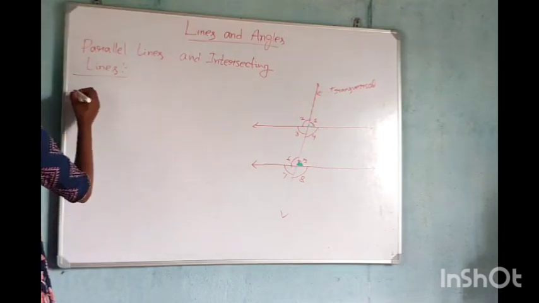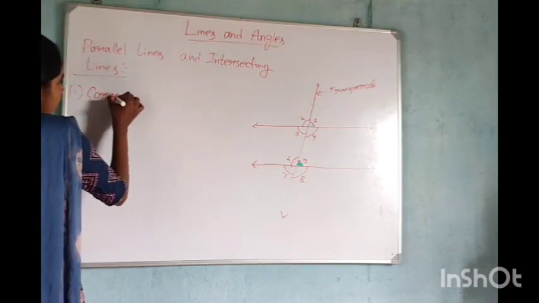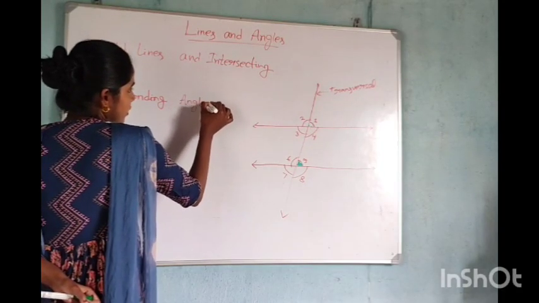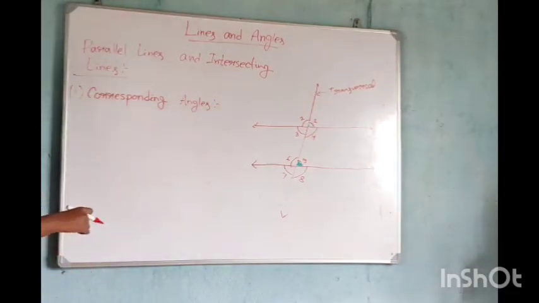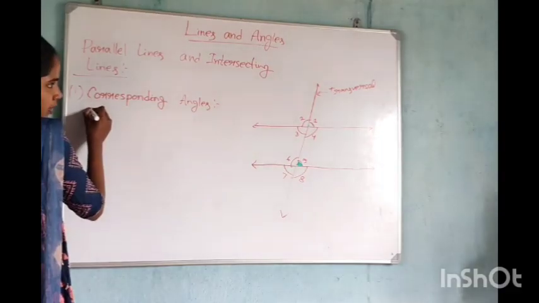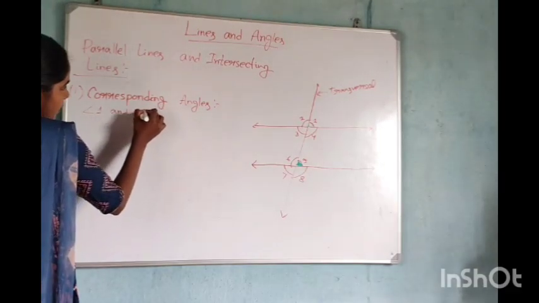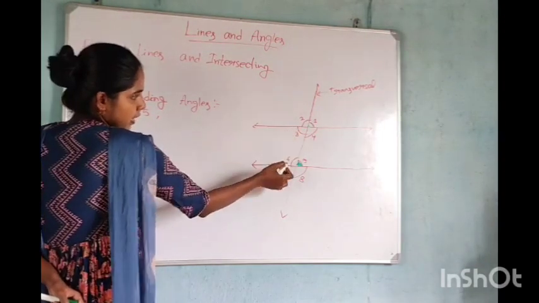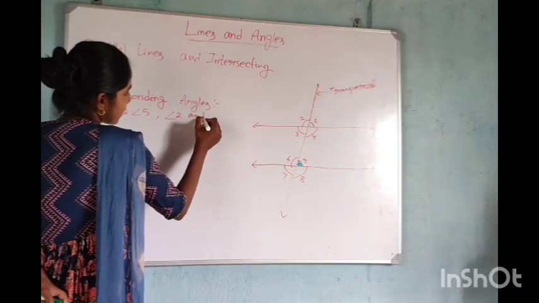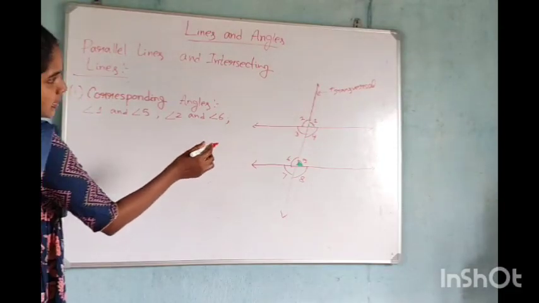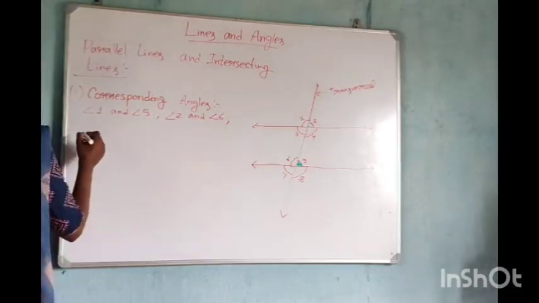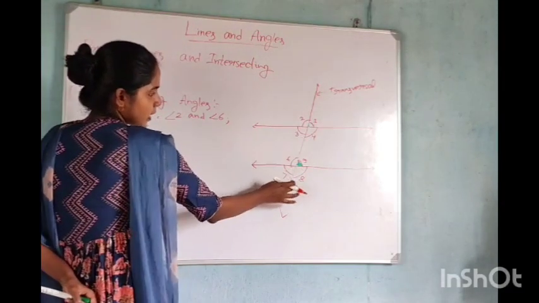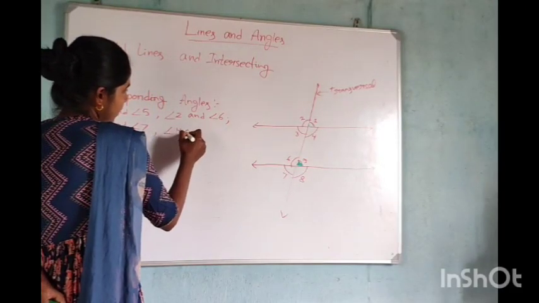So our first one is corresponding angles. In this figure, what are the corresponding angles? 1 and 5, 2 and 6, 3 and 7, 4 and 8.